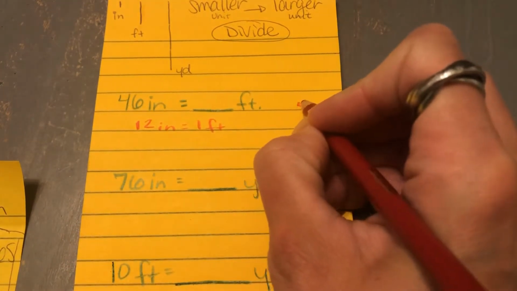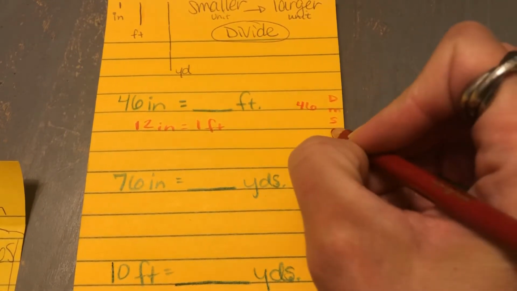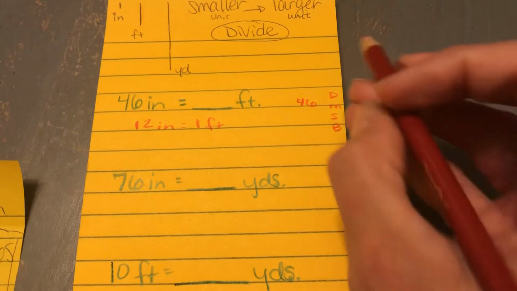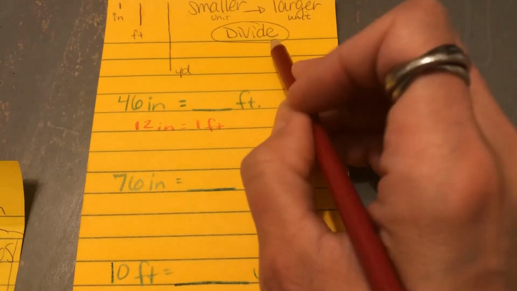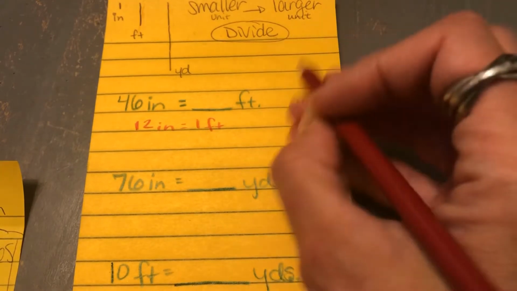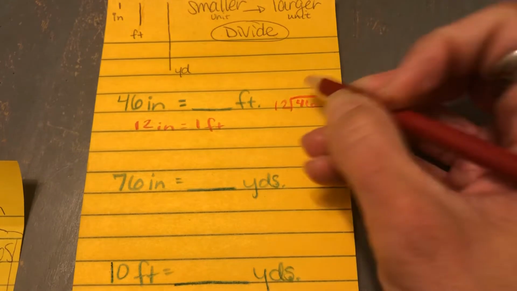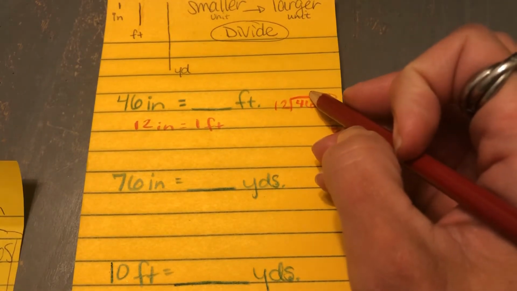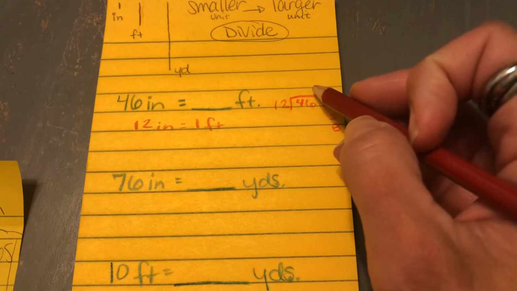So whip out your division skills. If you want to write DMSB, division, multiplication, subtraction, bring down, Daddy, Mother, Sister, Brother, you can. So 46 divided by 12. Today you're dividing, no multiplying. I know that 12 times 4 is exactly 48, but that would be too high.